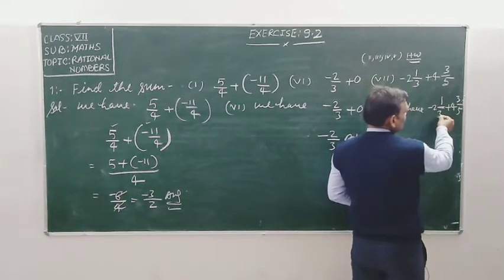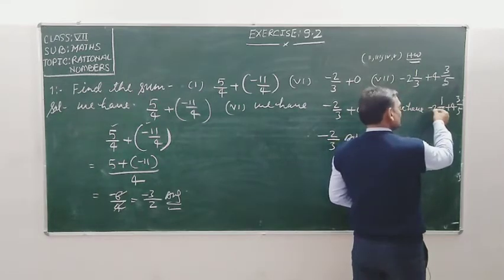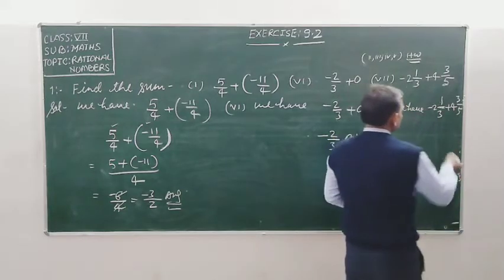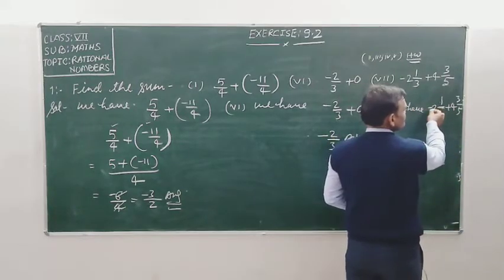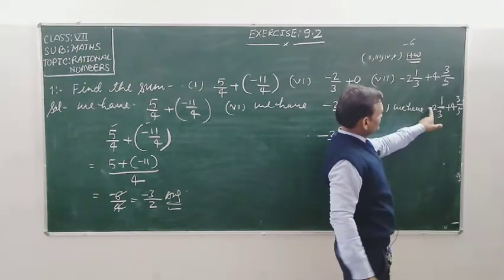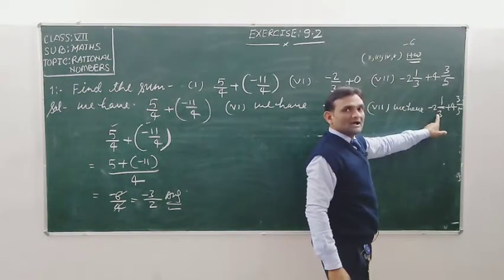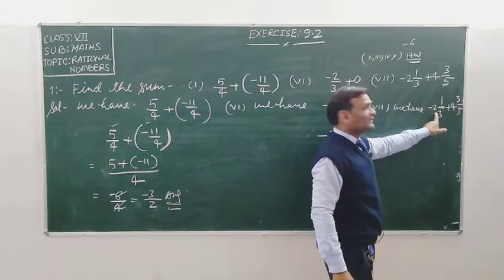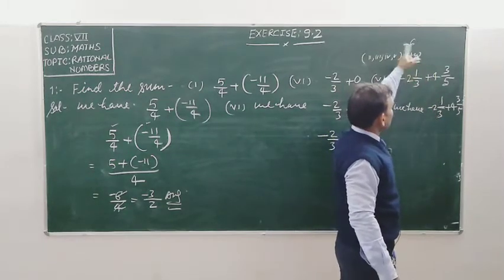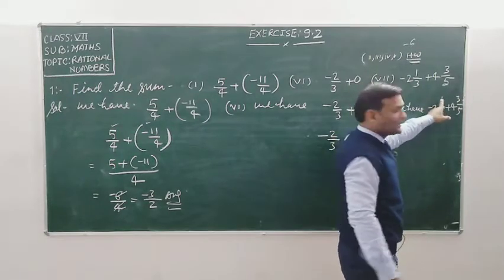Multiply the denominator by the whole number and add the numerator to the product. So 3 twos are 6, minus 6. Look here, student, this is minus, this is plus, and when we multiply minus and plus we get minus. 3 twos are 6, minus 6, and to minus 6 we need to add 1.